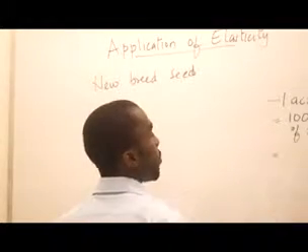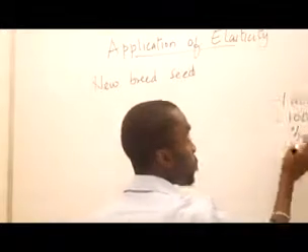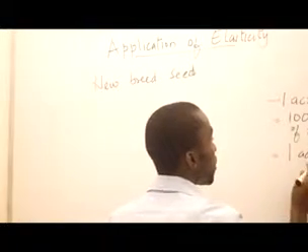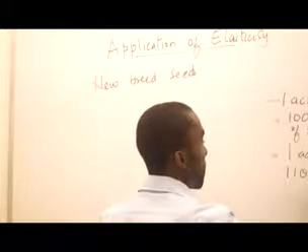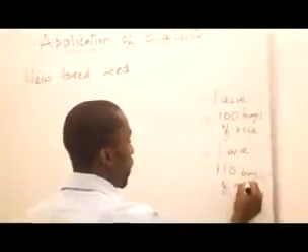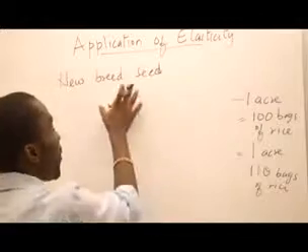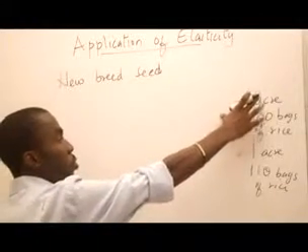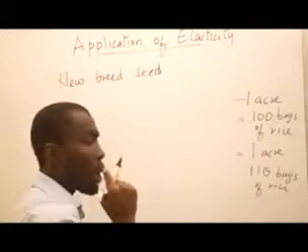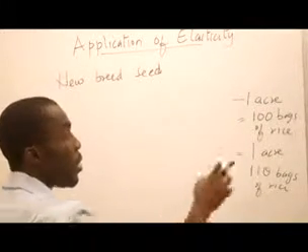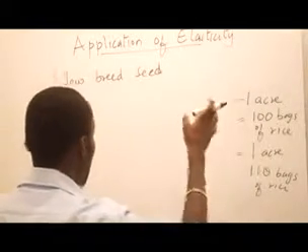The new breed now affords the same farmer the opportunity to use the same 1 acre of land to produce now 110 bags of rice. Will it be more profitable for the farmer to use the old breed or the new breed? And will the farmer get more revenue by using the new breed rather than the old breed?